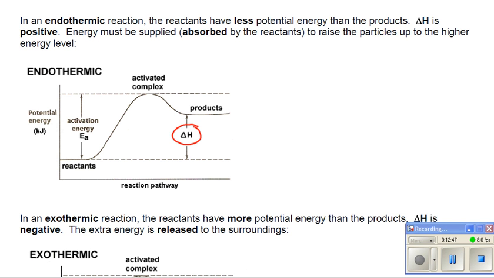Now what I want you to understand about delta H is that we call delta H the enthalpy. Okay, and what this means is it's the heat of the reaction.